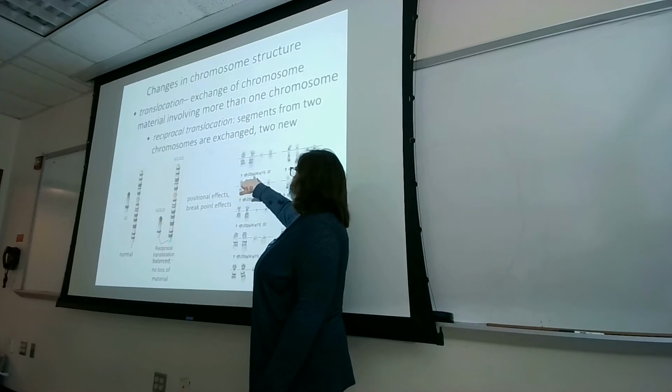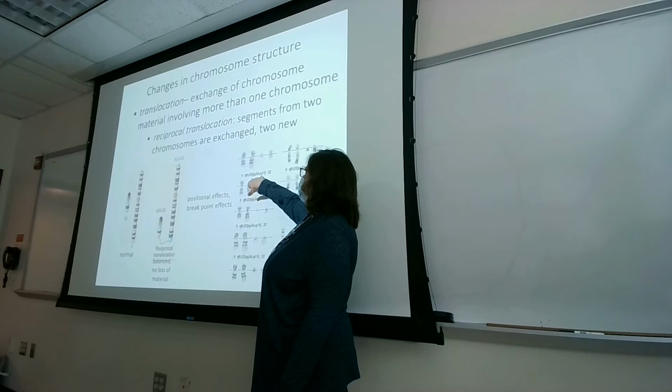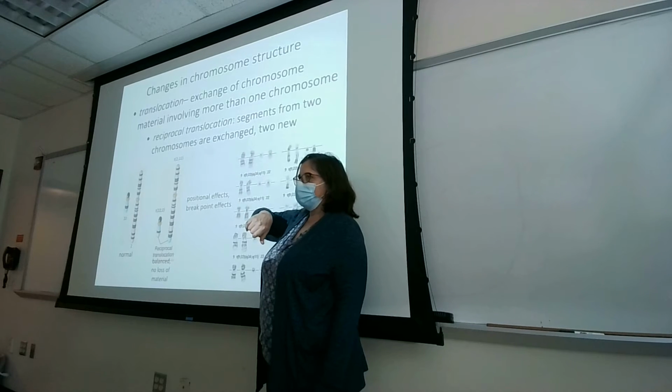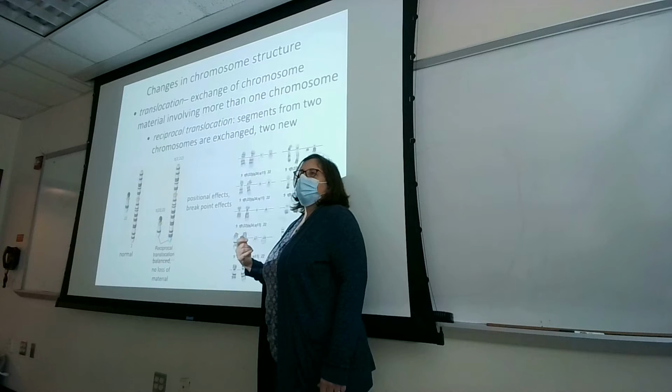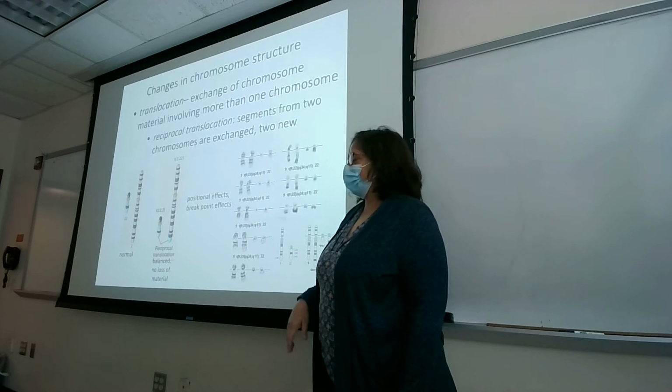And from chromosome 9, it broke at Q34, and chromosome 22, it broke at Q11. And then this is your normal 22. So you have a different way of writing up what these problems are, what this translocation is.